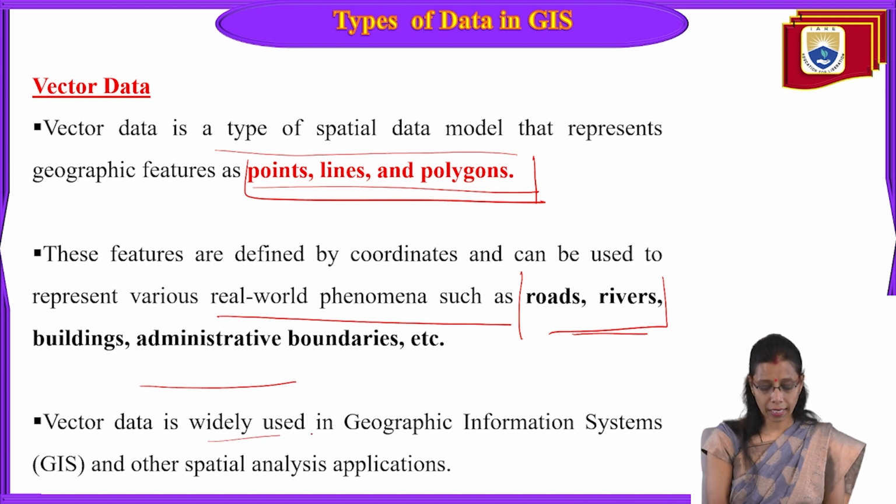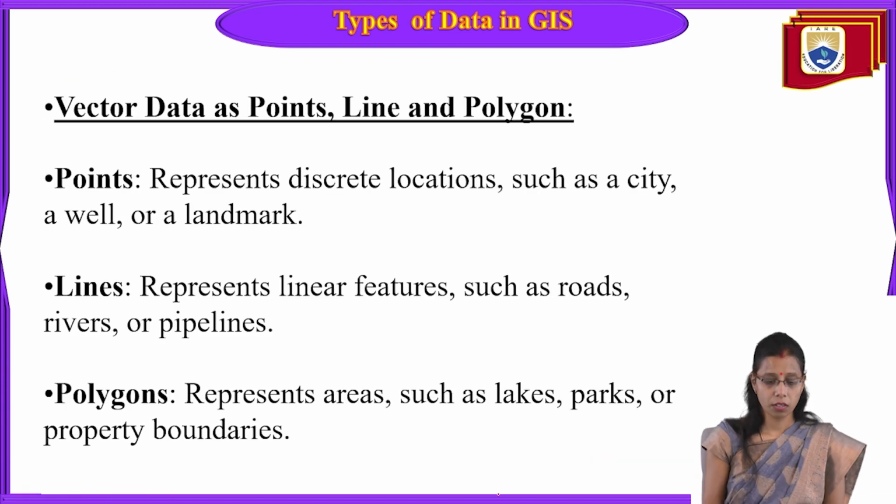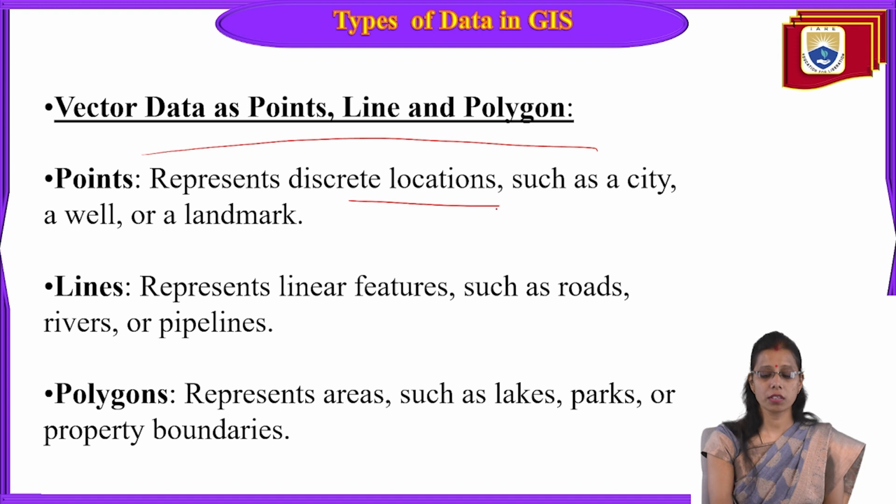Vector data is widely used in geographic information systems and other spatial analysis applications. So what are points? Points represent discrete locations such as a city, well, or landmark.